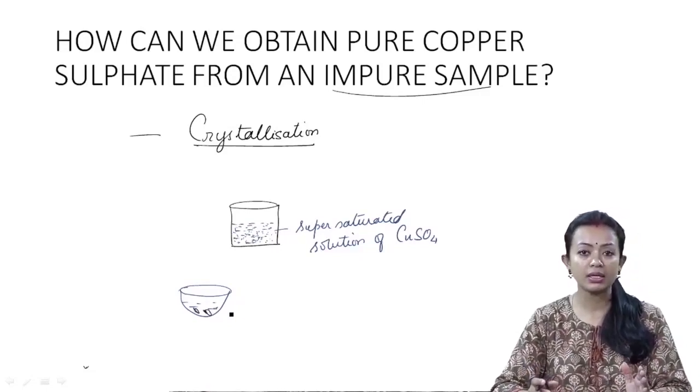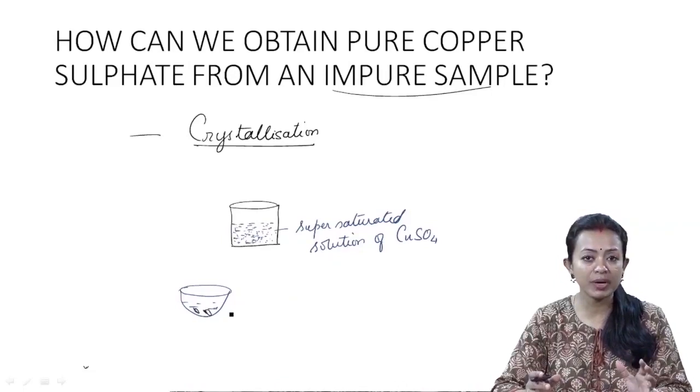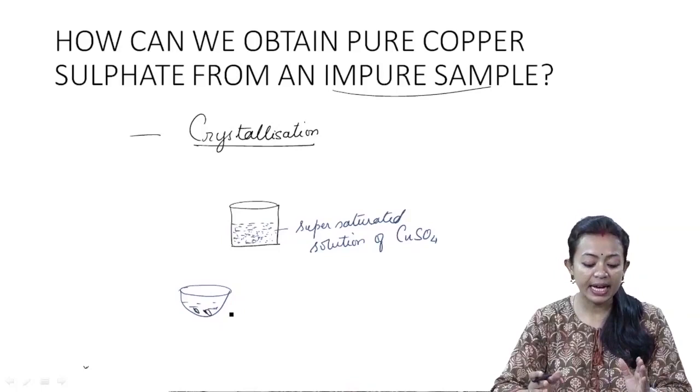When we make a supersaturated solution, we increase the temperature. That means we give energy to the solvent particles so that they can space out, and due to the creation of new space, more solute takes its position. Now when we bring it down to room temperature, we find that these solute particles are forced out of their positions and they come together to form crystals.